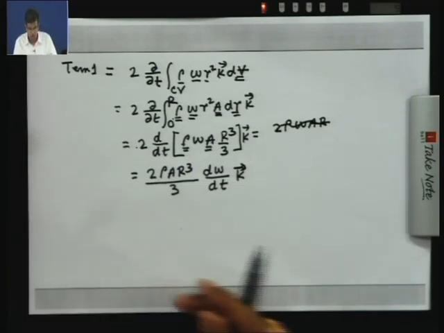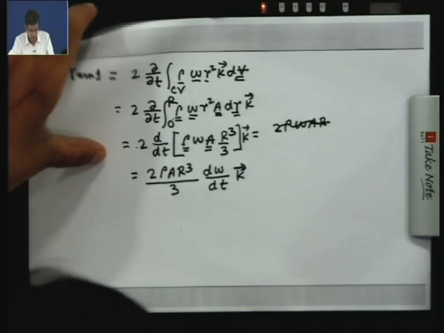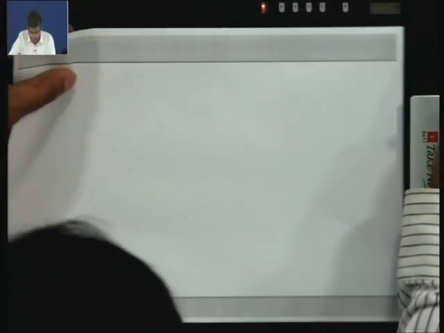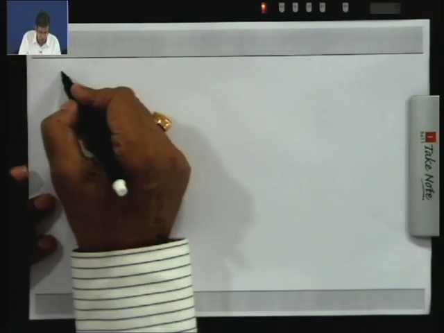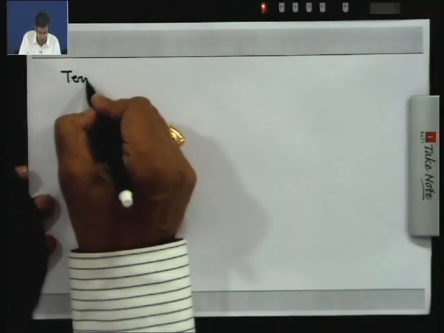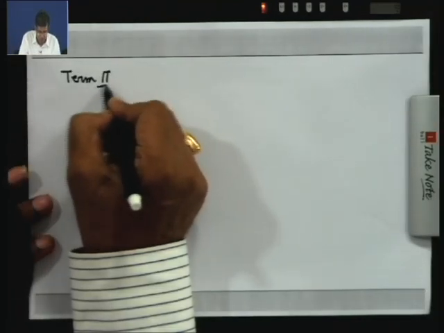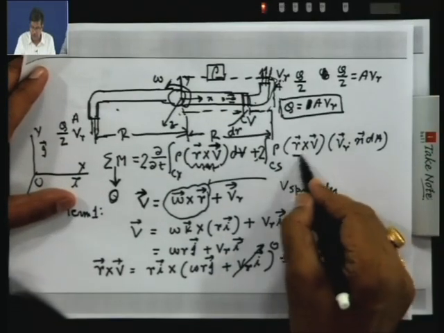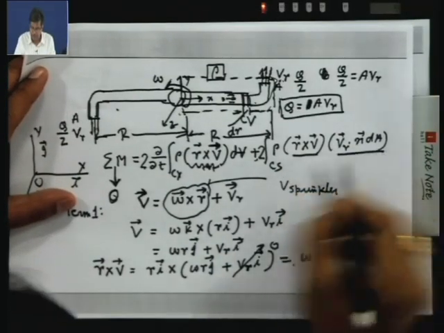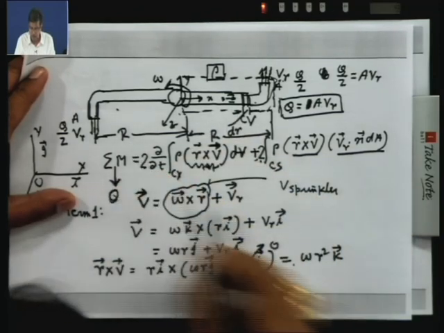Now I will derive term 2. What is term 2? If you recollect from your equation, I will show you again. Term 2 is ∫ R × V (V_R · n) dA, with a factor of 2 because of the two sides.